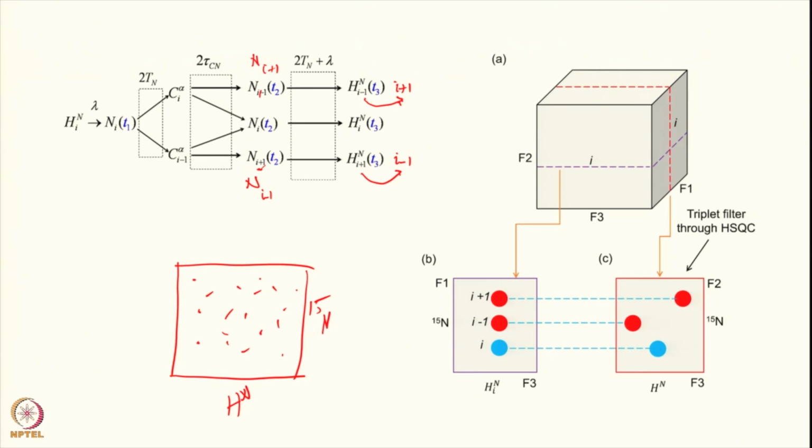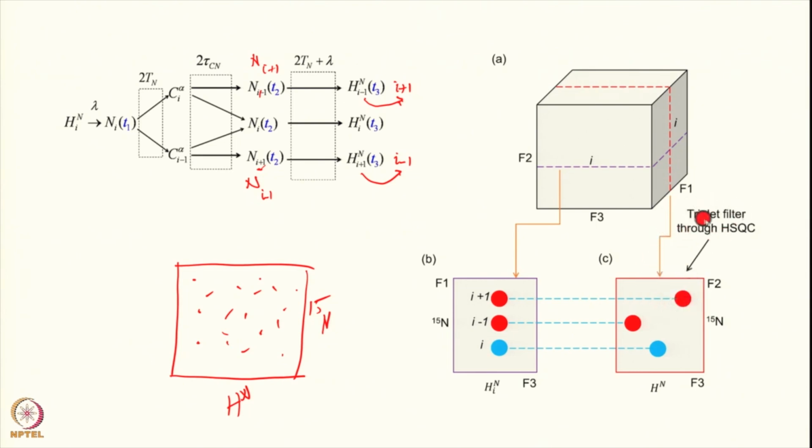But now, out of these, whichever are the 3 consecutive residues, you will filter them out in a particular plane. Therefore, at the particular F1 chemical shift, the particular N15 chemical shift, you get 3 peaks which are neighbors: the self peak, the I minus 1 peak and the I plus 1 peak. All the 3 peaks you are seeing in this.